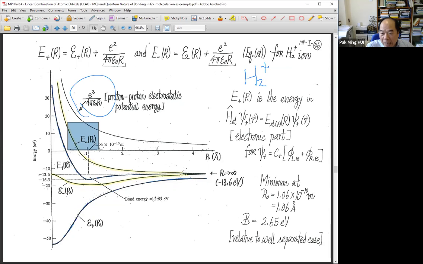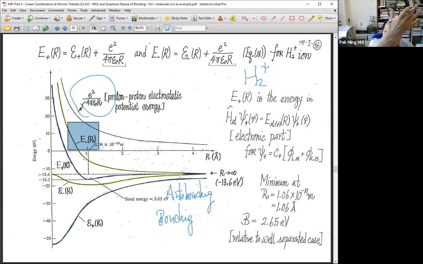Now, once upon a time, you must have heard about bonding and anti-bonding, this kind of adjectives. It happens that this is the place where these two terms come in. The +1, when we see the minimum, we will call it bonding.